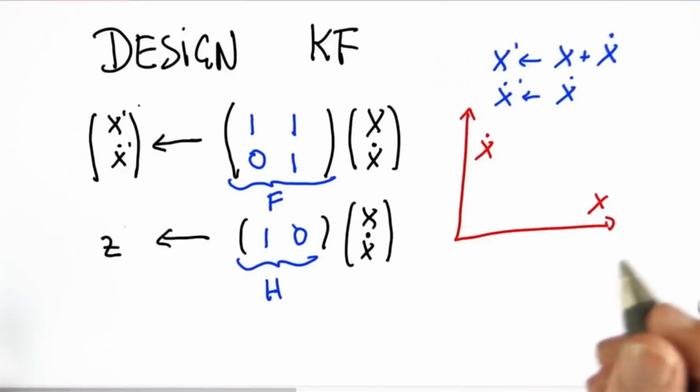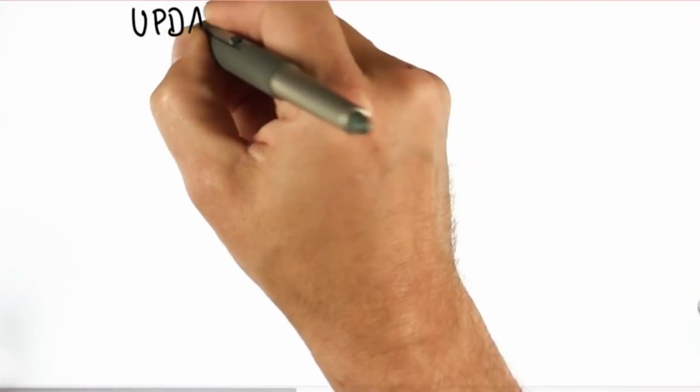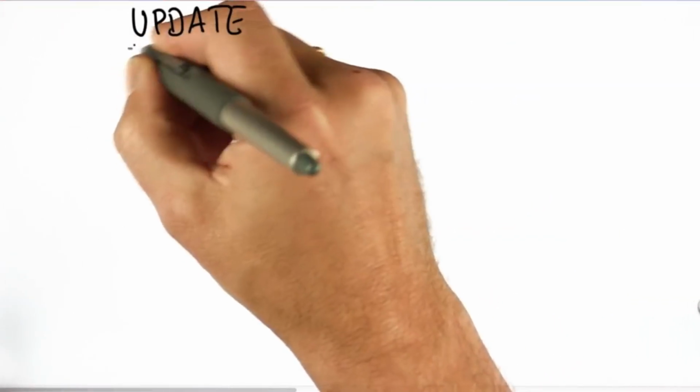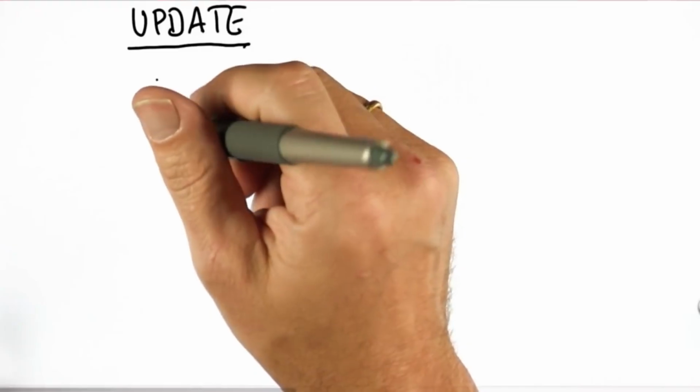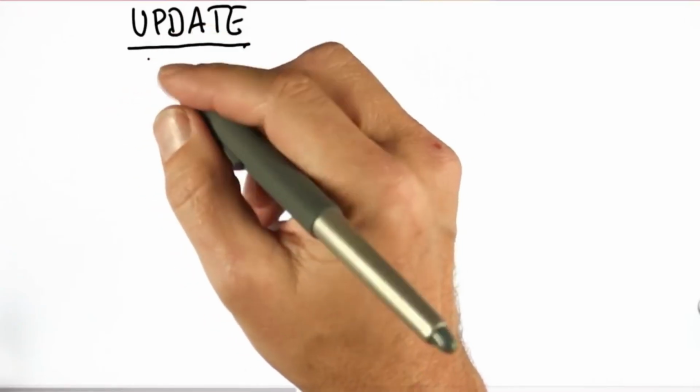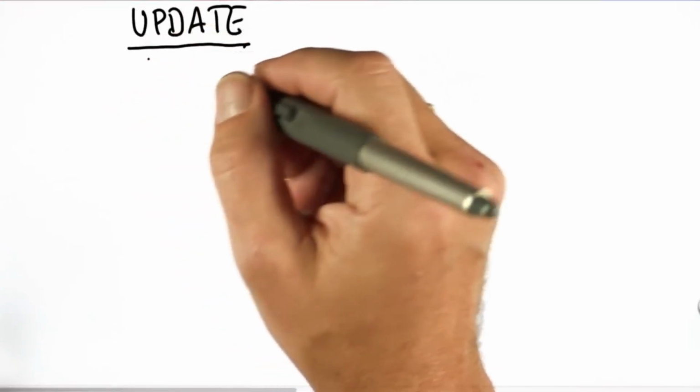The actual update equations for a Kalman filter are involved. And I give them to you, but please don't memorize them, and I won't prove them for you. Even the proof is very involved. Every time I use them, I just look them up.